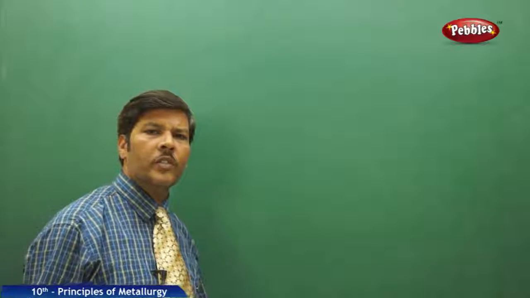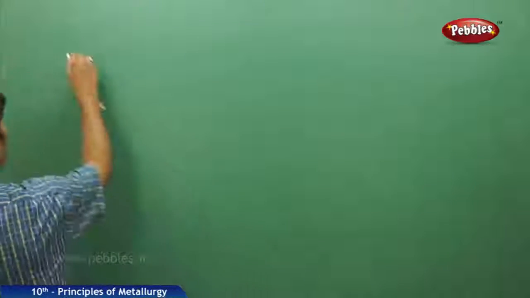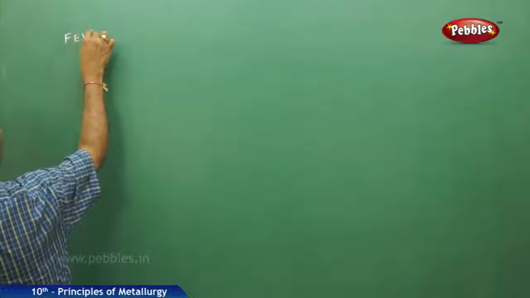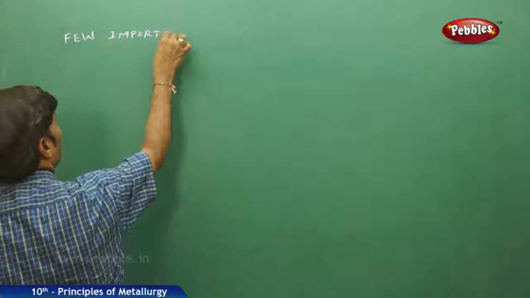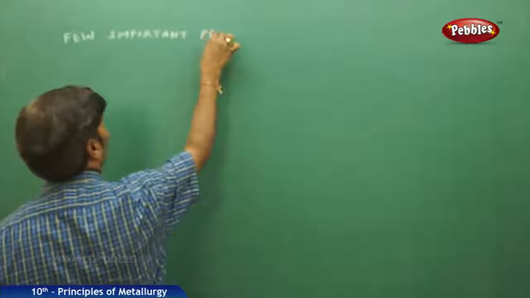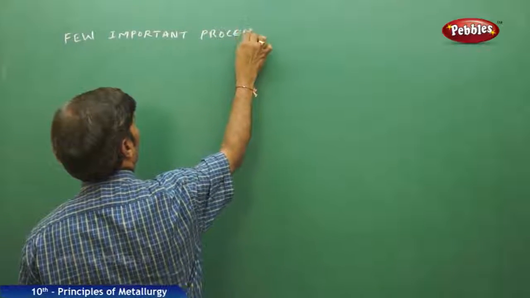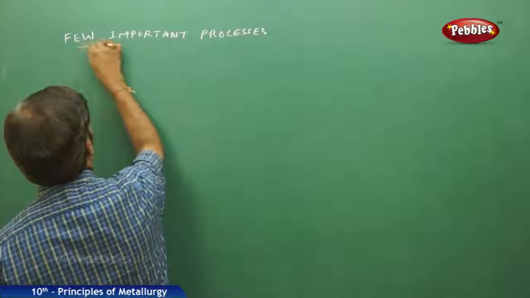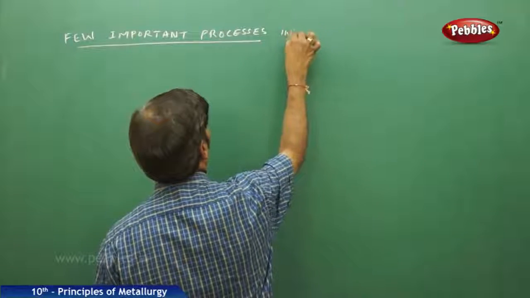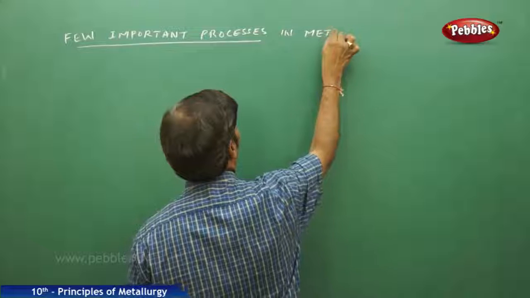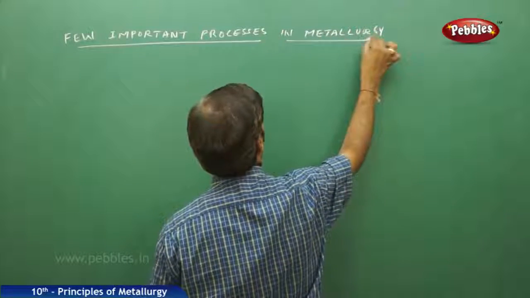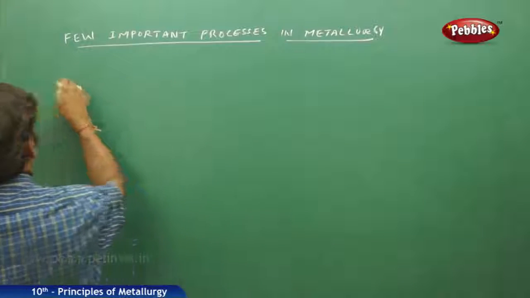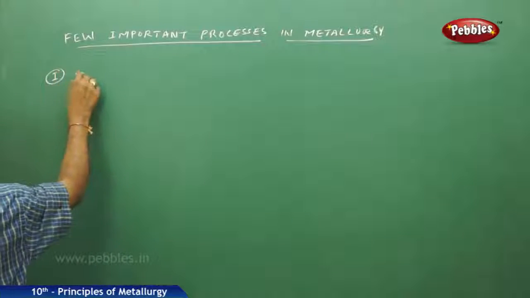Okay, the next part of the discussion in metallurgy is a few important processes in metallurgy. In metallurgy, the first one is smelting.